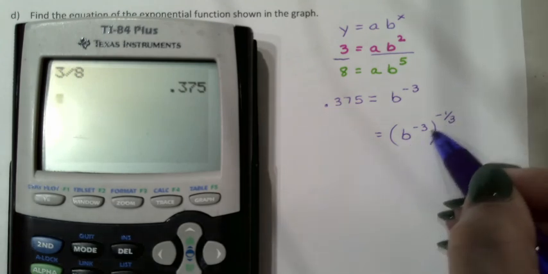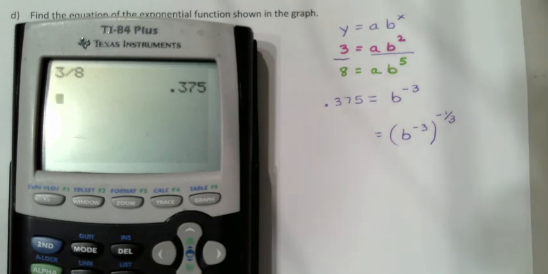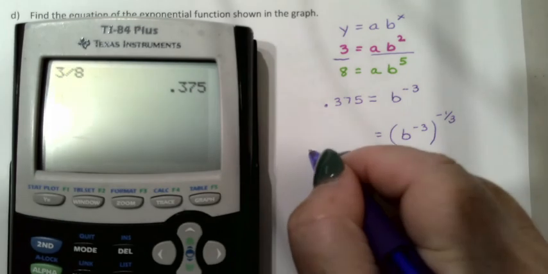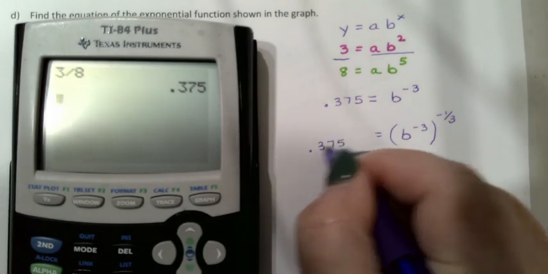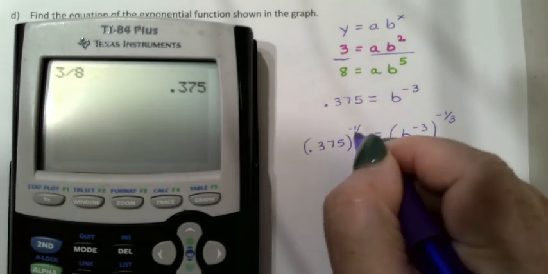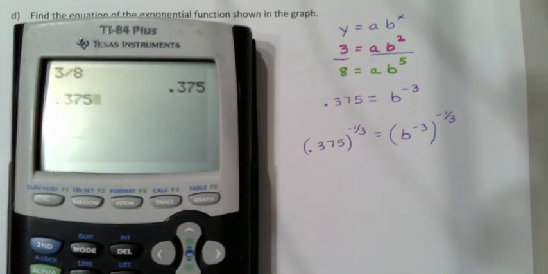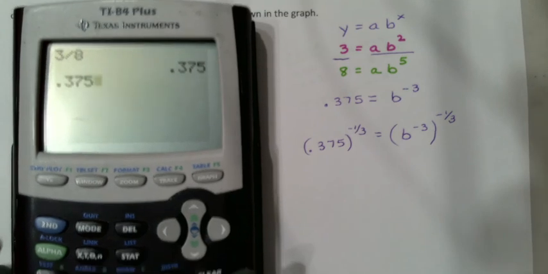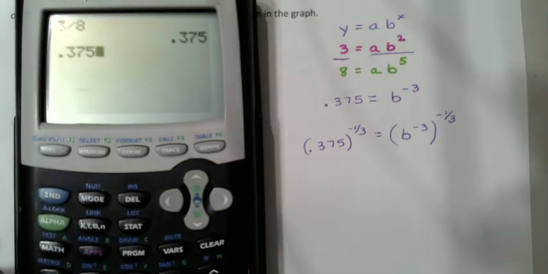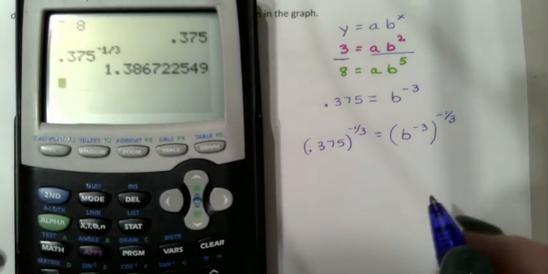And when you multiply negative 3 by negative 1/3, you do get 1, so that's fine. We'll do the same thing on the other side. So this time if I want to type 0.375, I can because that decimal was exact. Raise that to the negative 1/3 power. It's about 1.387.